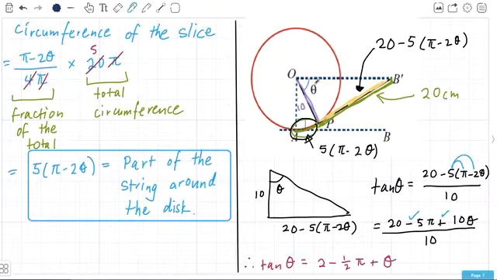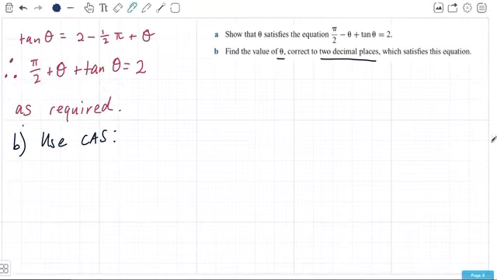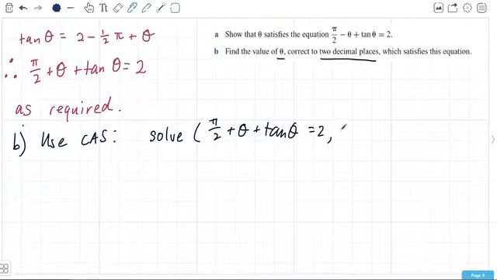Bigger than 0 degrees, but less than 90 degrees. So actually put that into your calculator. So I'd do solve. I'd put your expression in there. Solve for theta, but then solve it such that theta is between 0 and pi on 2, or 90 if you're going to be working in degrees. So we'll do that. We'll put that one in.